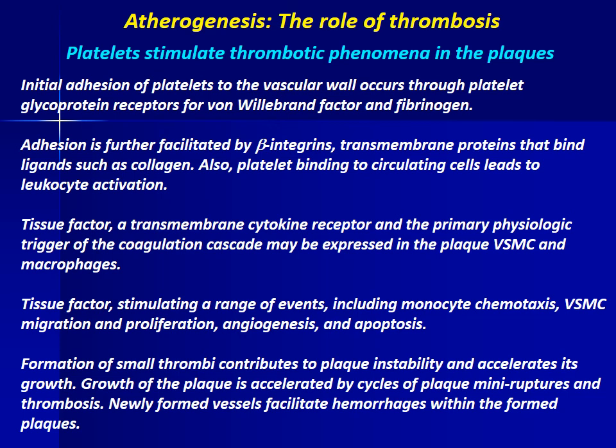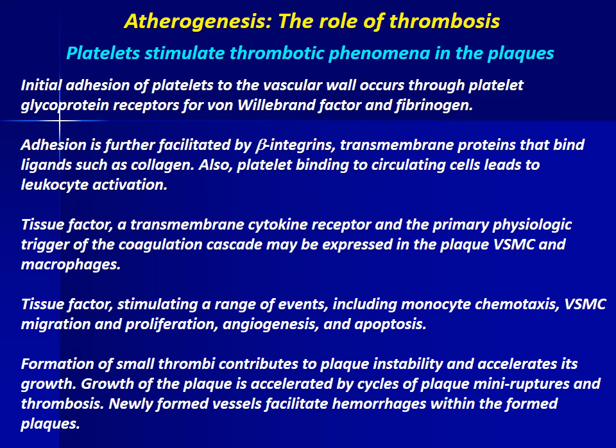Tissue factor, a transmembrane cytokine receptor and the primary physiologic trigger of the coagulation cascade, may be expressed in the plaque, vascular smooth muscle cells, and macrophages. Tissue factor stimulates a range of events, including monocyte chemotaxis, vascular smooth muscle cell migration and proliferation, angiogenesis, and apoptosis.